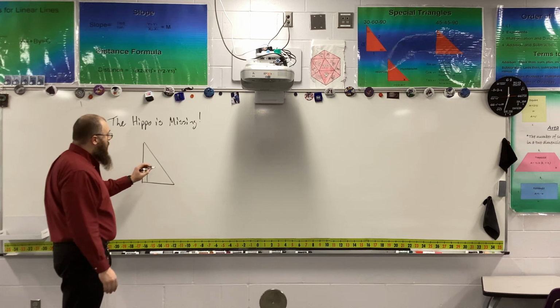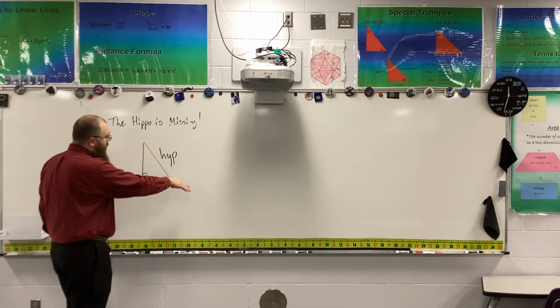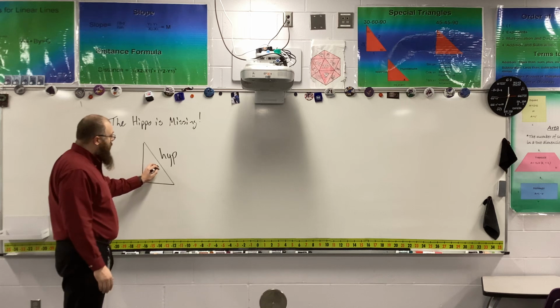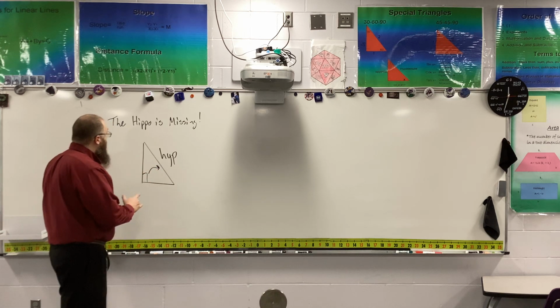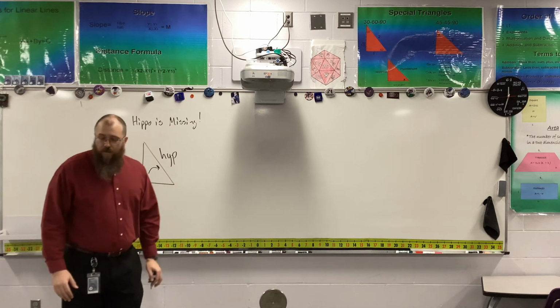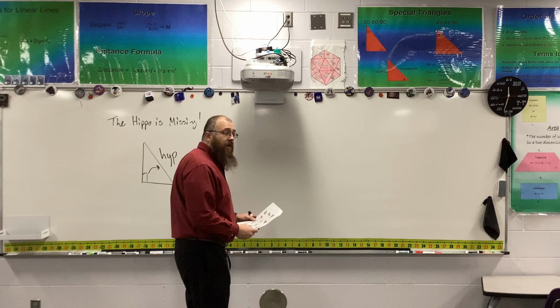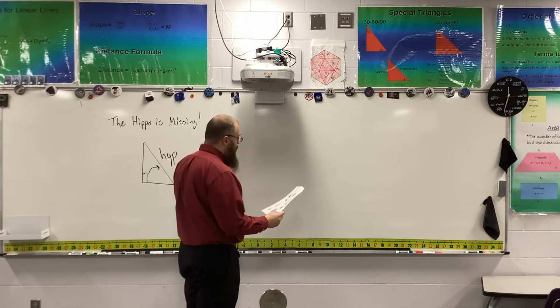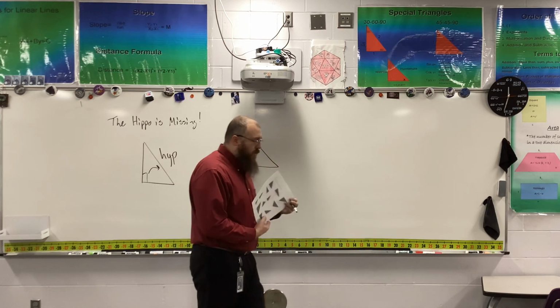In this case, it's over here. It's also across from our right angle. So, all day today we're going to be dealing with missing hypotenuses and trying to figure out how we find them. So let's work with problem number 1 on our worksheet.